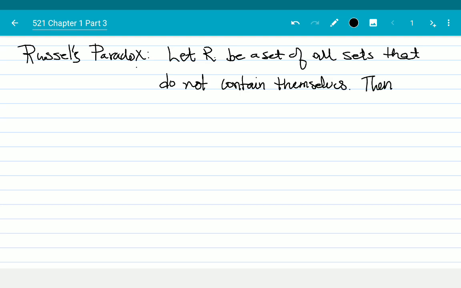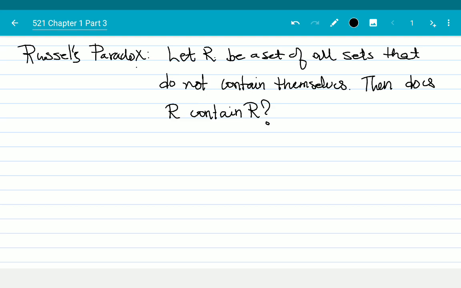Then, does R contain R? And this is called a paradox because if R contains itself, then by the defining property of R, which is that the sets should not contain themselves, R should not have contained itself.